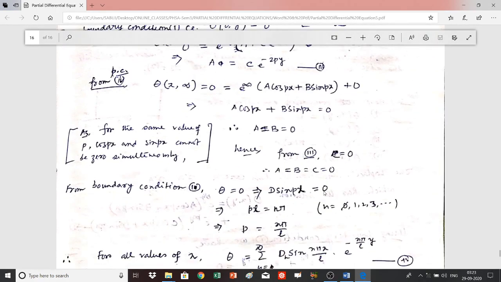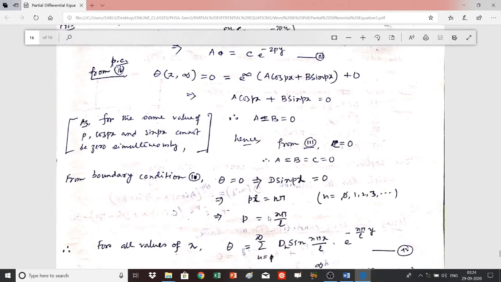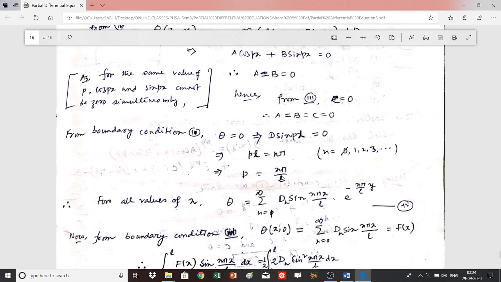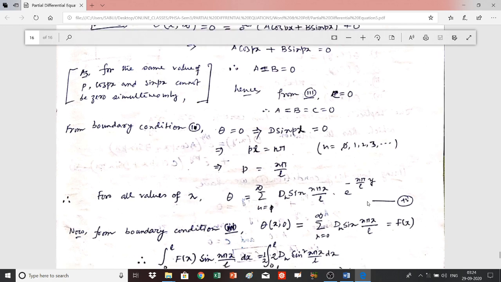From this you can compute p is equal to n pi by l. So now, considering all values of n, the solution would be theta is equal to the sum from n equal to 1 to infinity of dn sin(n pi x by l) e to the minus n pi by l times y. This is the complete solution.